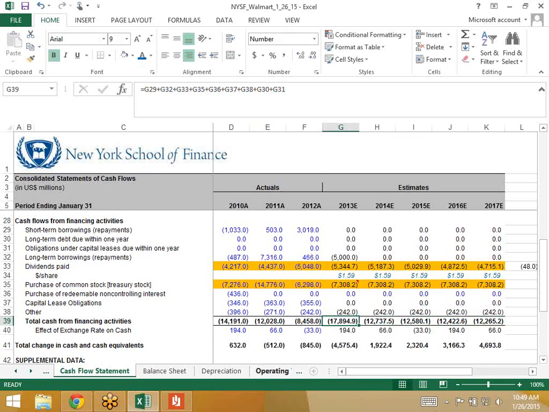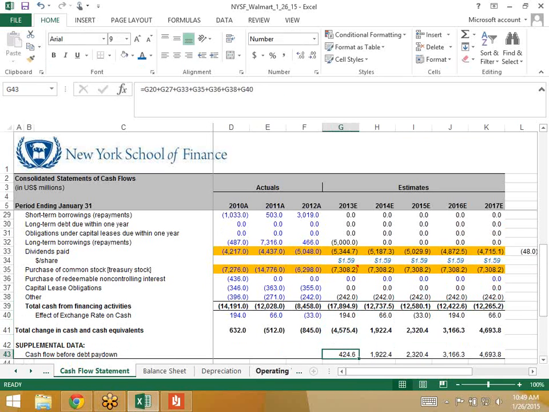And you want to make sure that the cash flow before the paydown continues to exclude those line items, because those are line items related to debts.